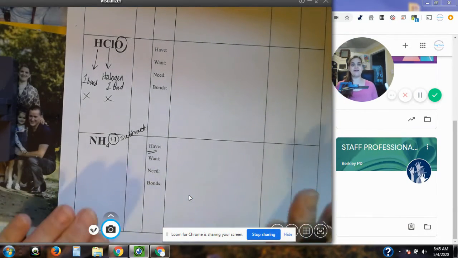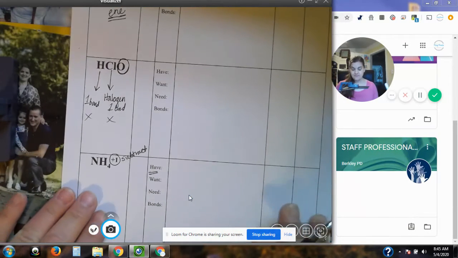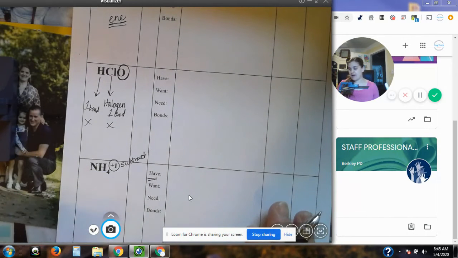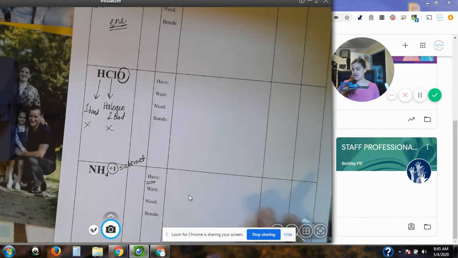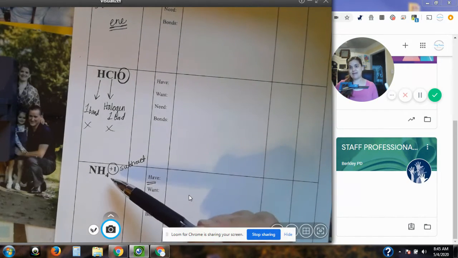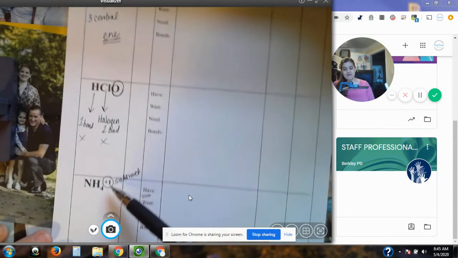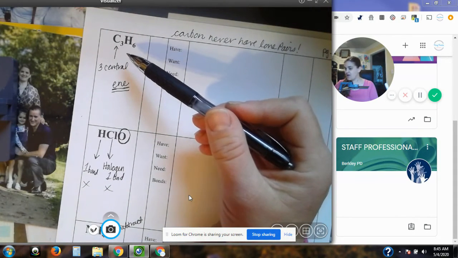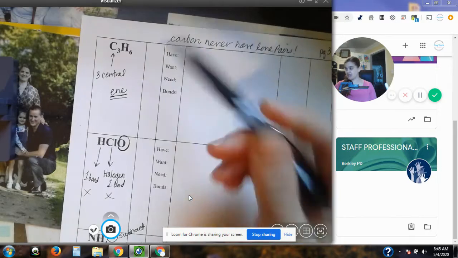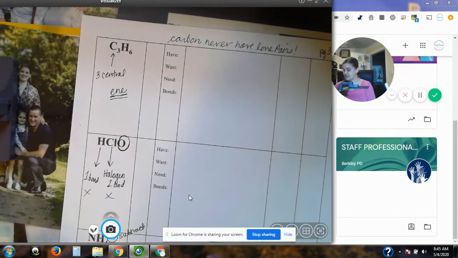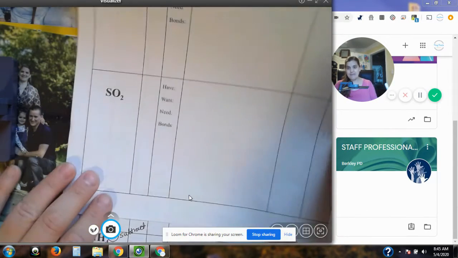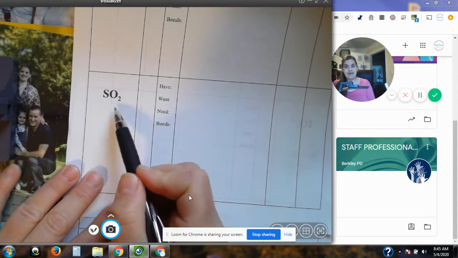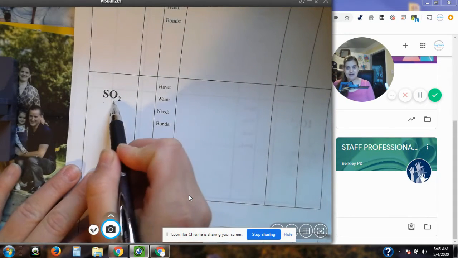Okay, final thing that I want to talk to you about is this. We have learned about the naming systems for polyatomic ions. We've learned about the naming systems for hydrocarbons. We have learned about the naming systems for just our plain old binary compounds where we have nonmetals and nonmetals.